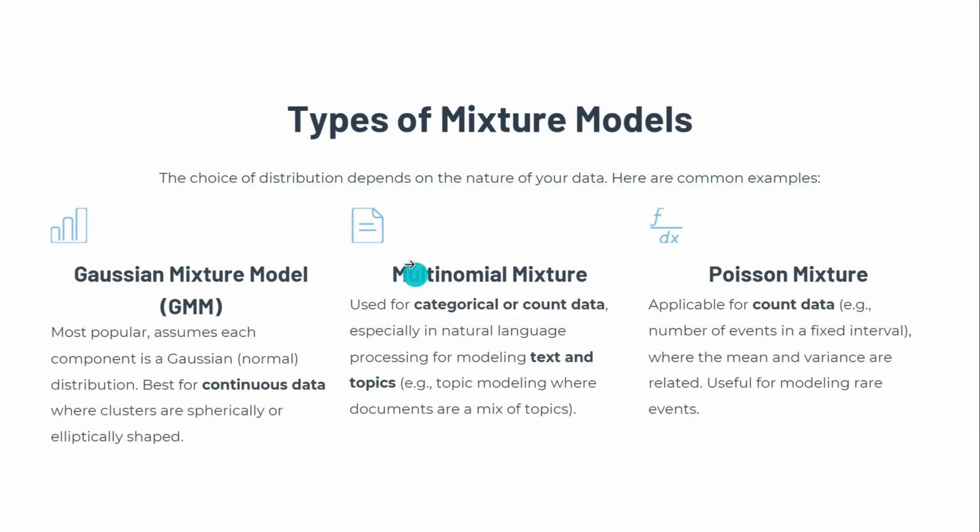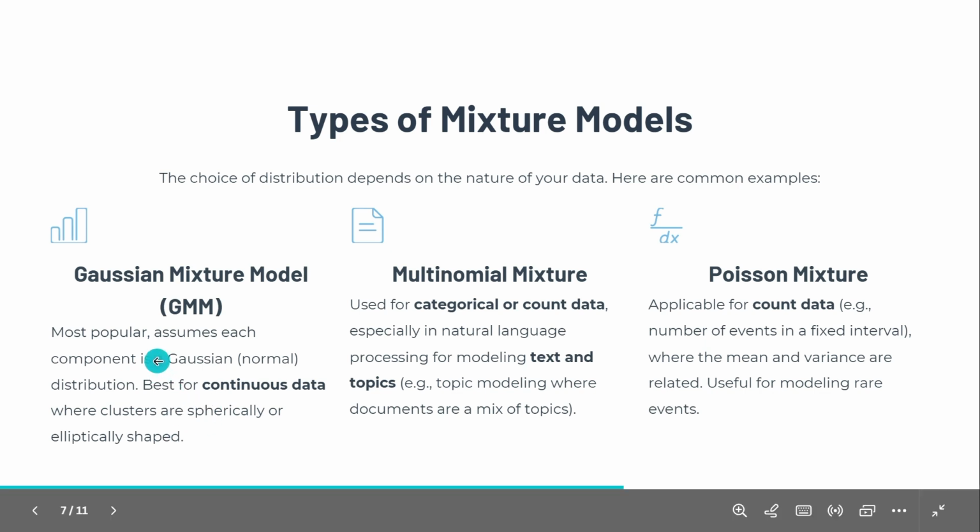So now we'll move into types of mixture models. Here we have a few types: the Gaussian mixture model, the multinomial mixture model, and the Poisson mixture model. The Gaussian mixture model is for continuous data like heights and arrival times.